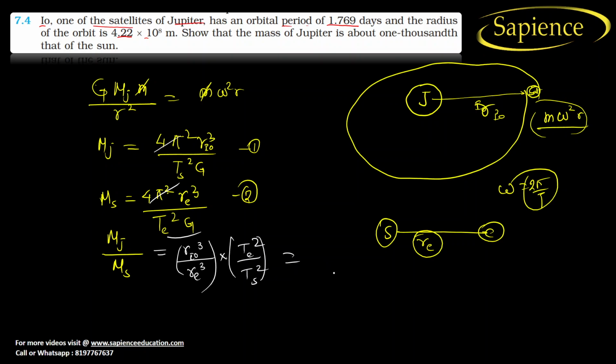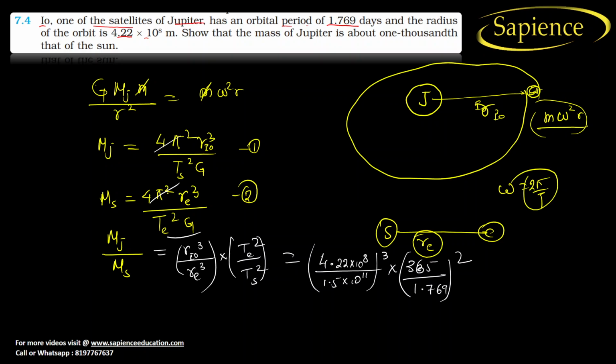We know the radius of the orbit of Io is given as 4.22 into 10 power 8, divided by Re, the radius of the earth's orbit, which is 1 astronomical unit, equal to 1.5 into 10 power 11, whole cube, into the time period of the earth, 365, divided by the time period of the satellite, 1.769, whole square.